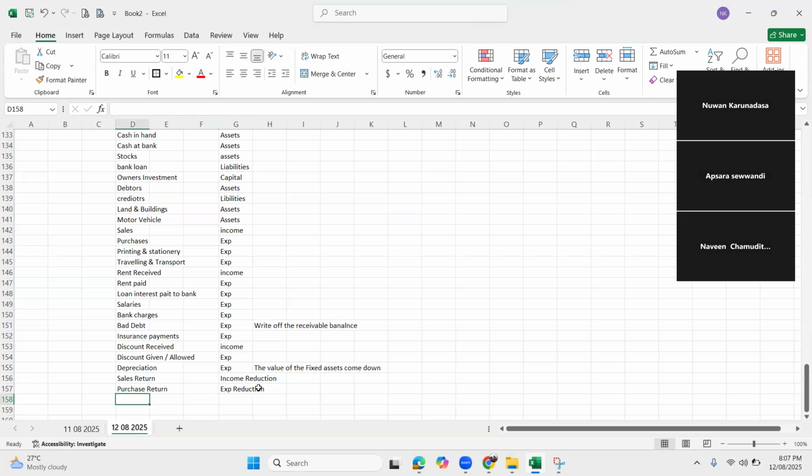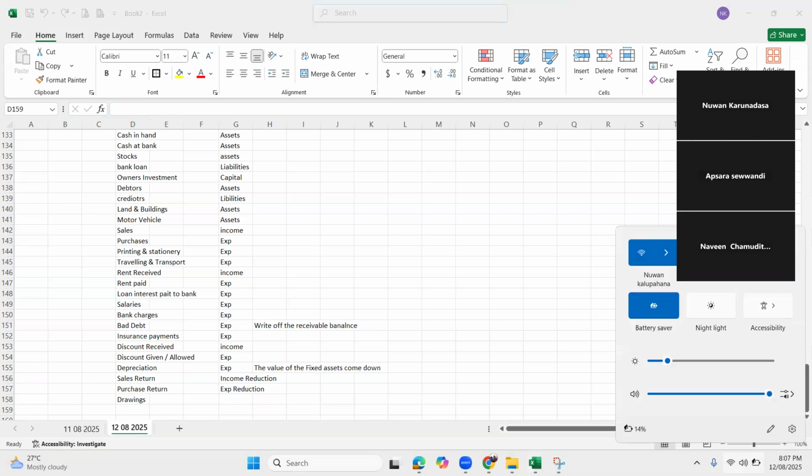Then one more. Drawings. Owner takes goods and cash to home. Expense?